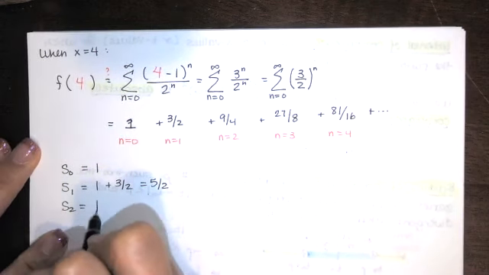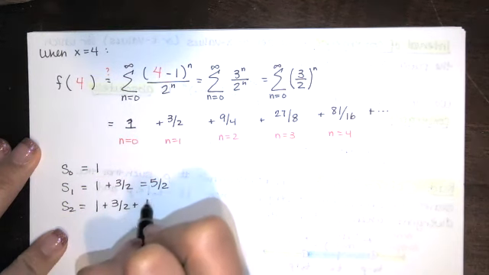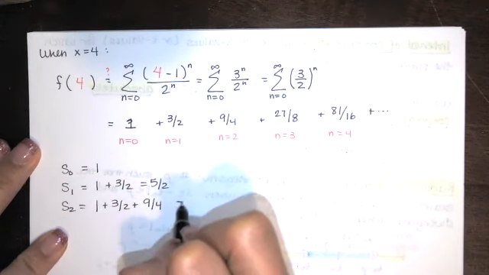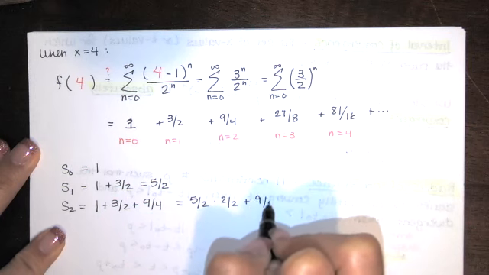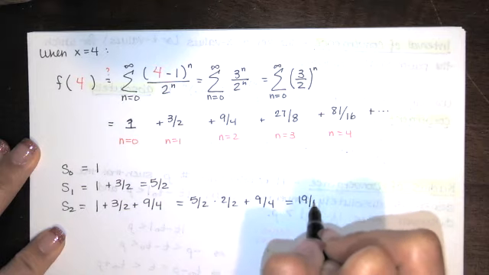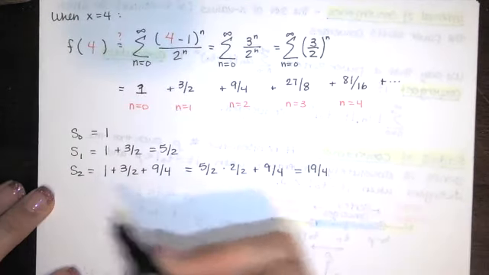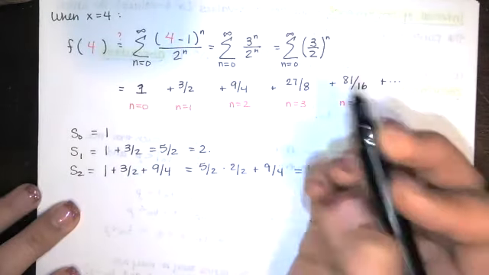S sub 2 is 1 plus 3 halves plus 9 over 4. So that's 5 halves times 2 over 2 plus 9 over 4, 19 over 4, and so on. That's 2.5.